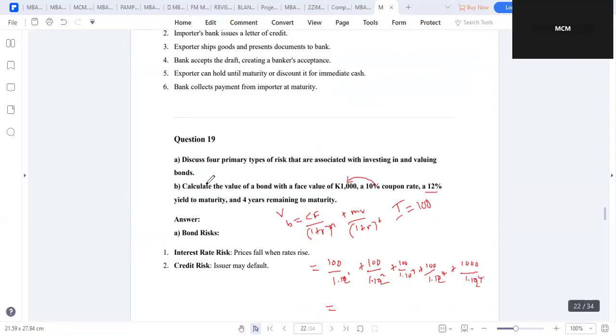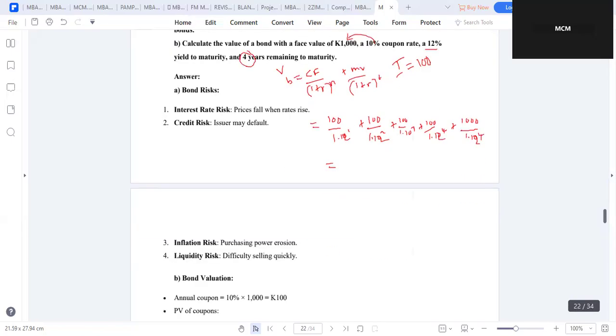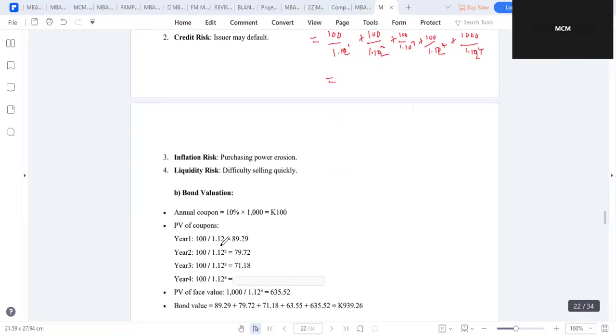The years are 4 years: first year, second year, third year, and the last one in the 4th year. So 1.12 to the power 1, 1.12 to the power 2, 1.12 to the power 3, and the 1,000 is over 1.12 to the power 4. When you add all these values, you get the value of the bond. So this bond is called a discount bond because it's being sold at less than the par value of 1,000.